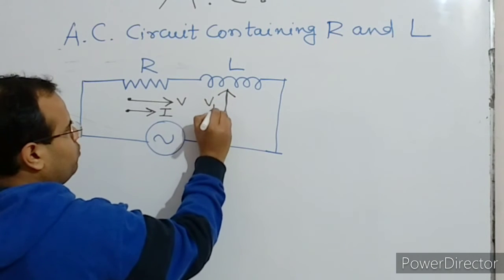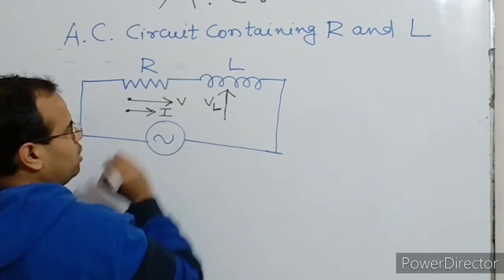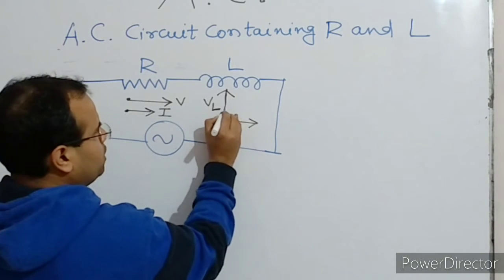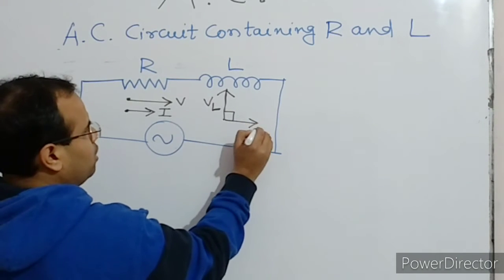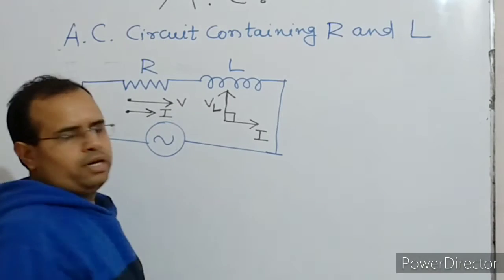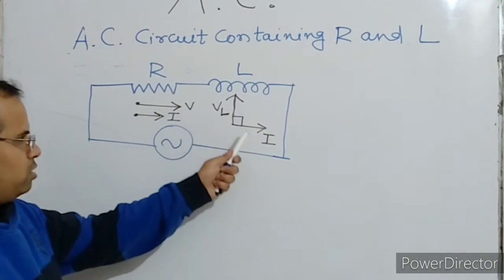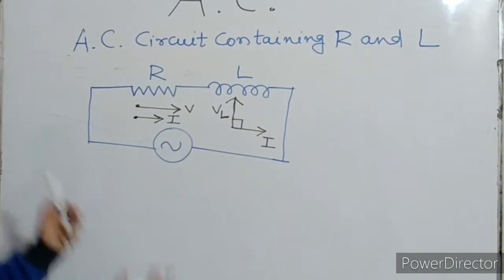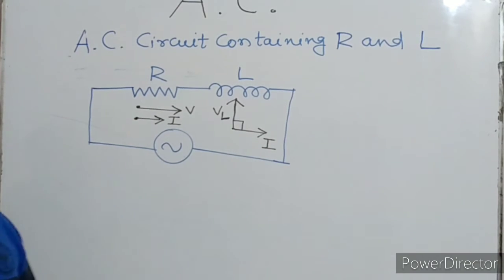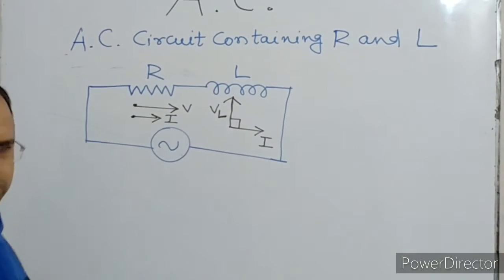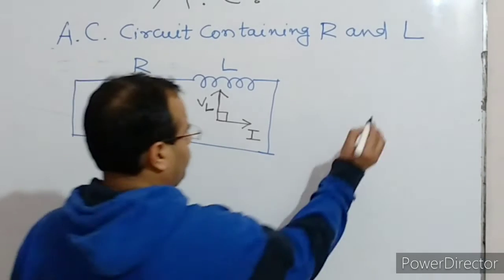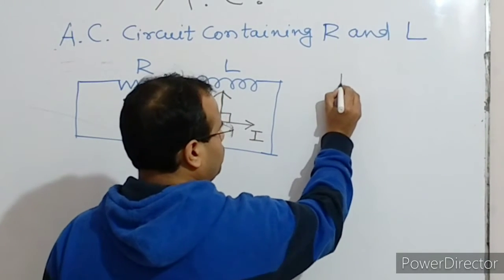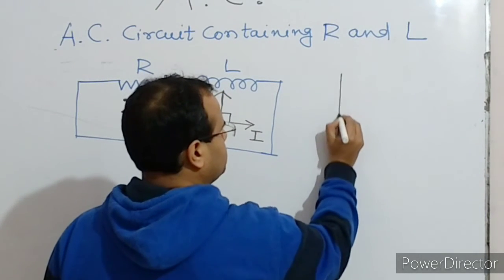This is the voltage across the inductor and this is the current. So the voltage across the inductor leads the current by angle pi by 2. So this is what we have for R and L individually.